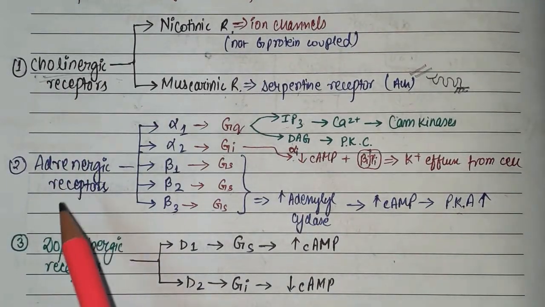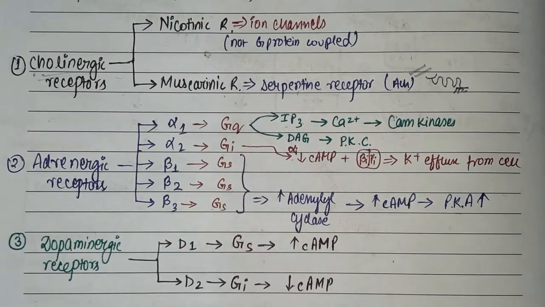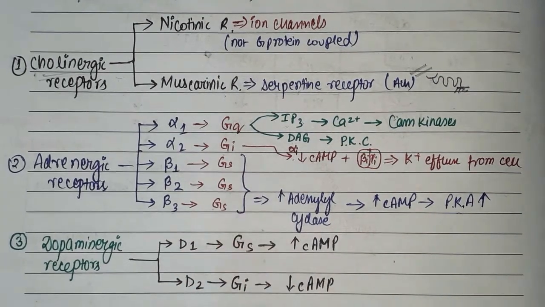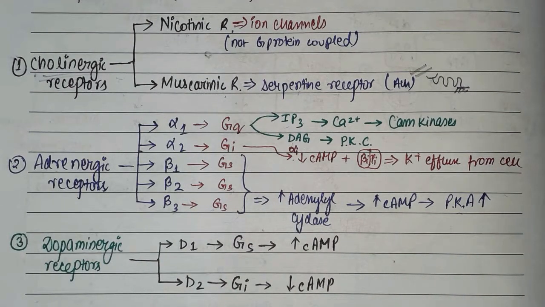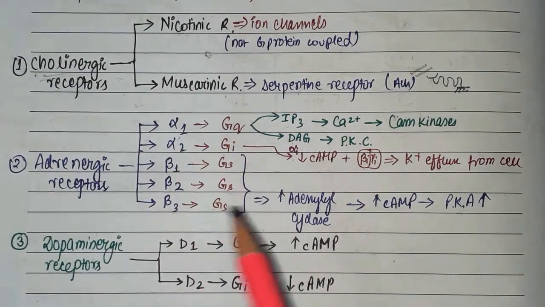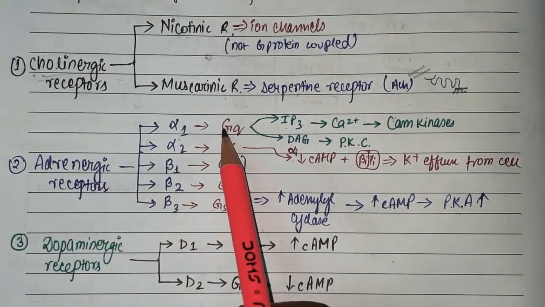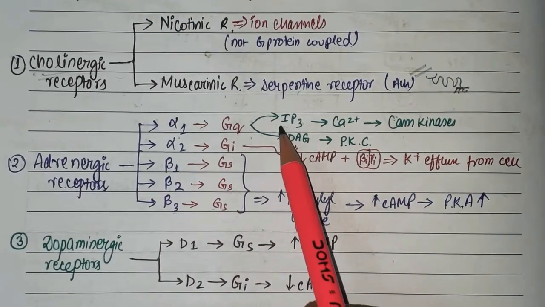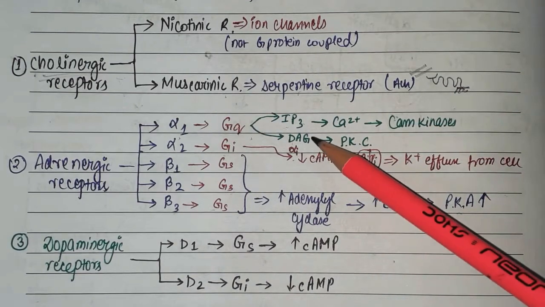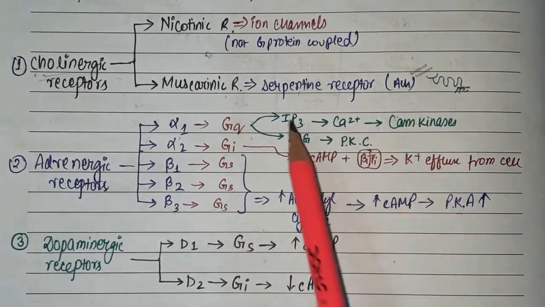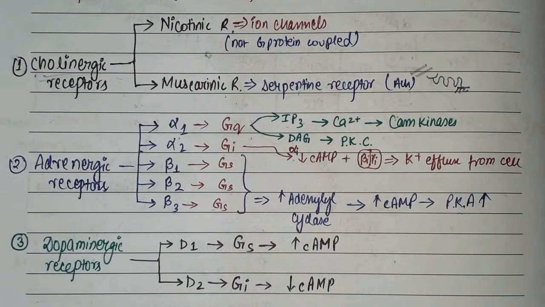And there are adrenergic receptors, which have many subclasses: alpha 1, alpha 2, beta 1, beta 2, and beta 3. Each has different properties or a different G protein associated with it. The alpha 1 adrenergic receptors are associated with Gq proteins, and you have seen previously that Gq proteins break down PIP2 into IP3 and DAG and give certain metabolic actions.